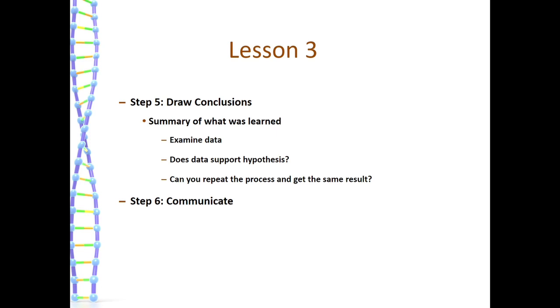It could be a faulty experiment, so maybe there's a step somewhere that was not done correctly, or it could be that, if you go back to the independent variable, whatever they're testing may not actually be the right choice. And then step 6 is communicating, sharing those results.